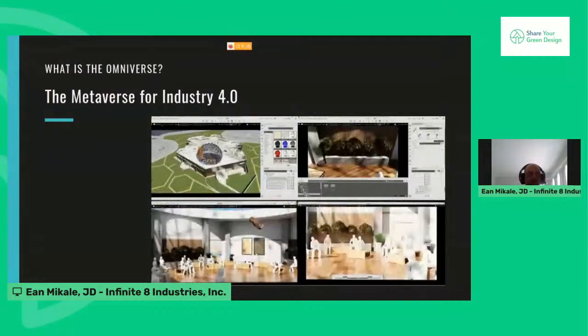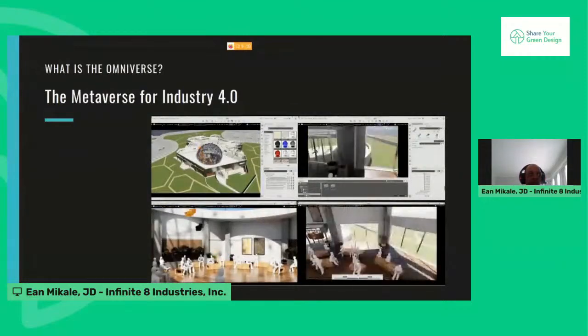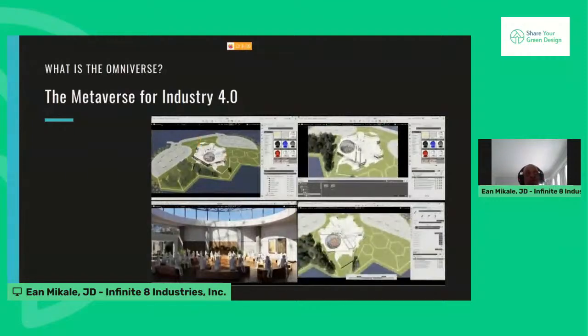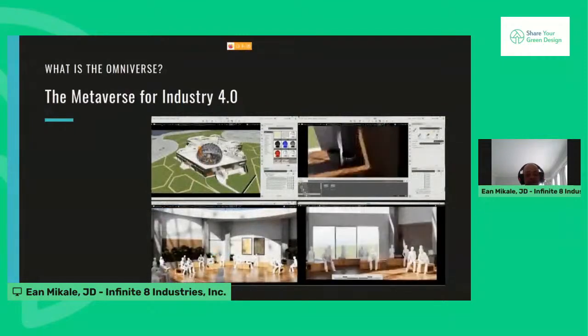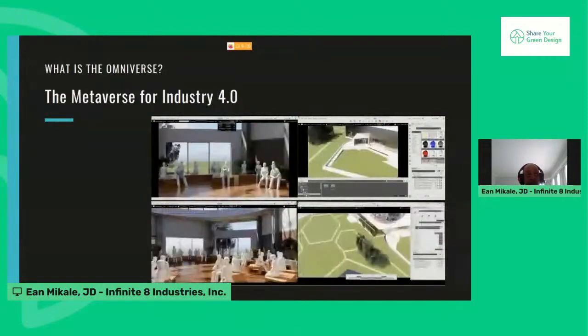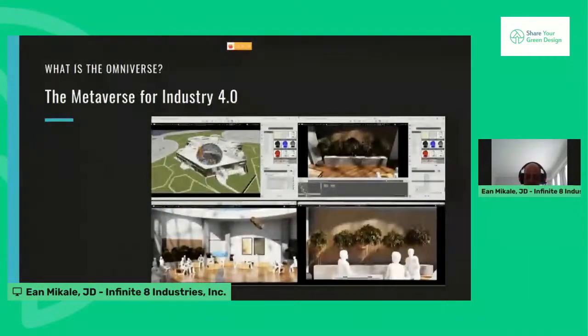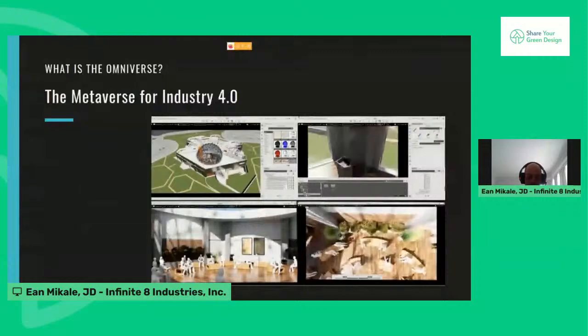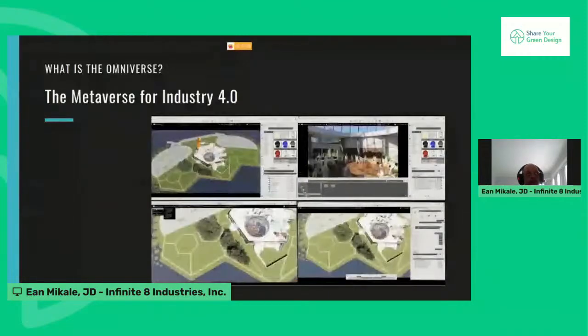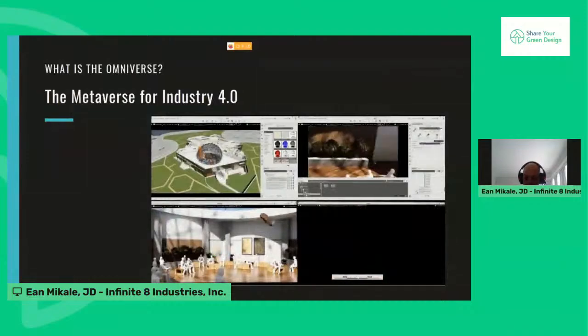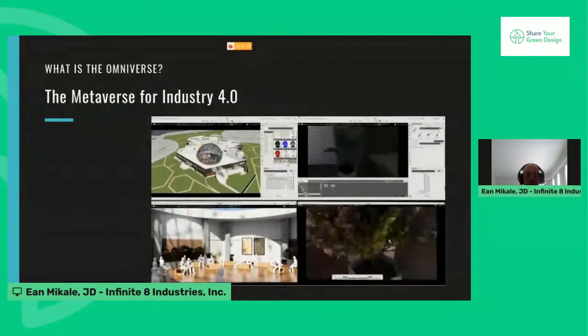And to get that experience for what it would be like to have occupants in your space. Well, you can, with the metaverse and the Omniverse, but more so the Omniverse, you can animate the occupants in this architectural rendering in order to have artificial intelligence inhabit those animations.